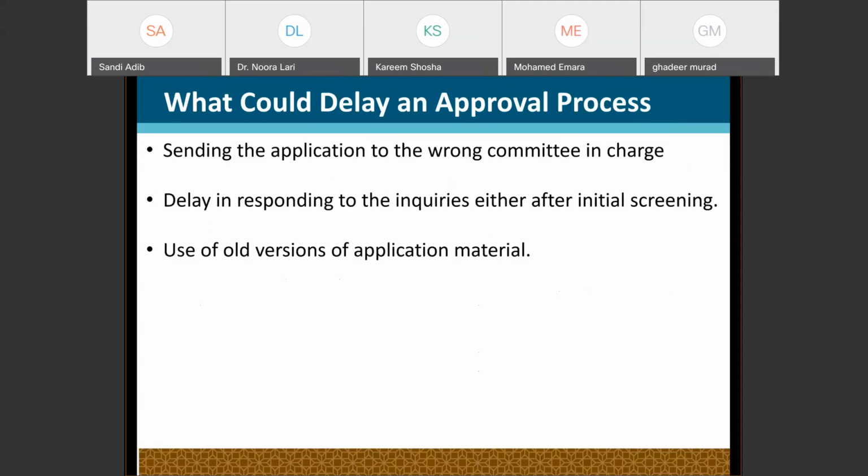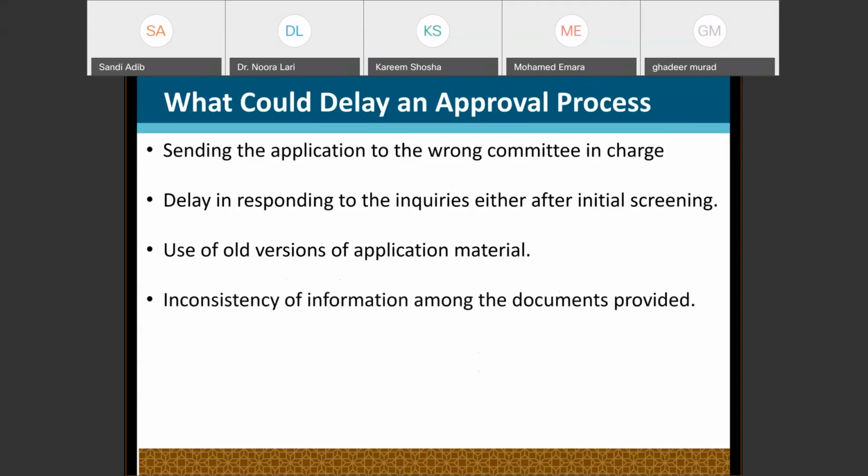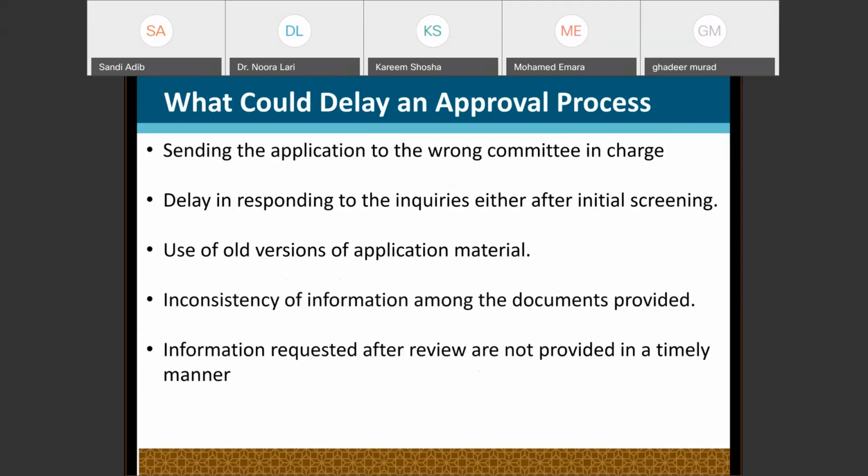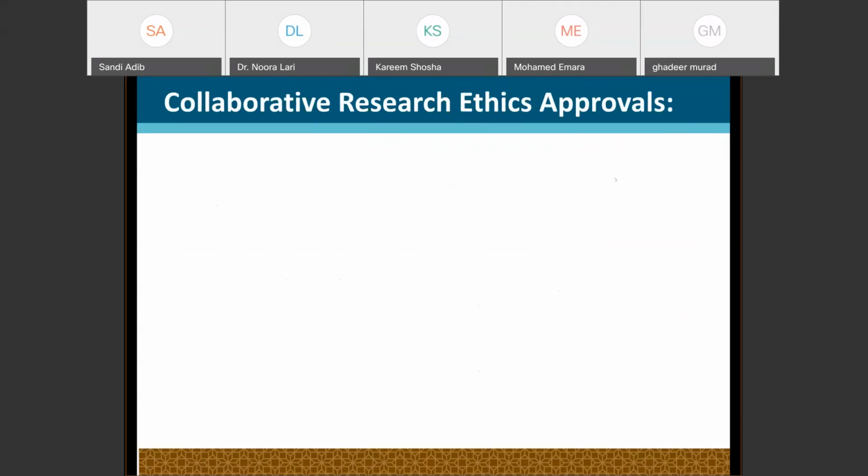We advise that you do not use any old form that is saved on your laptop or computer. Again, as mentioned, there is the inconsistency of information along the documents. The information requested after review is also not addressed or provided in a timely manner. This will also add to the delay in the procedure.